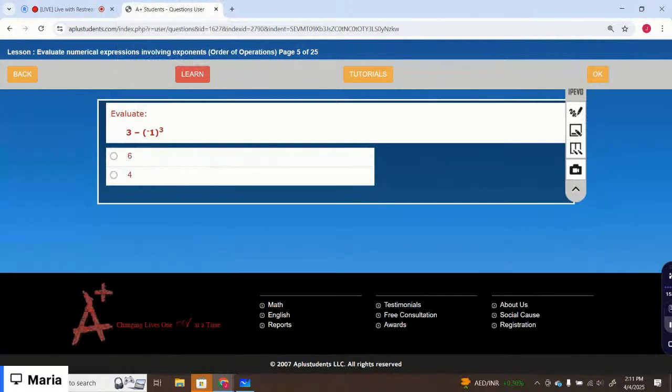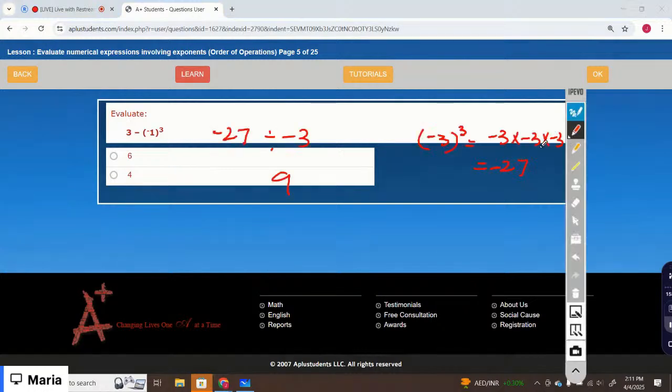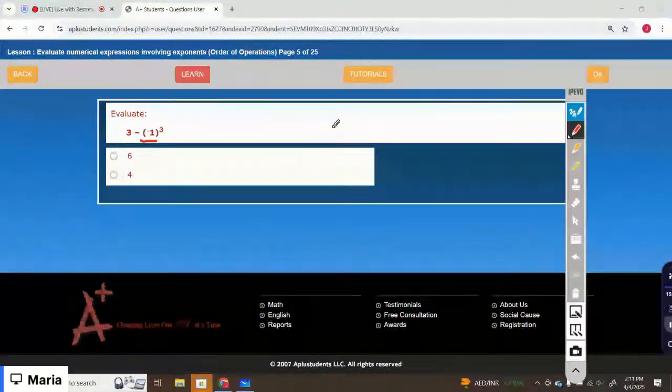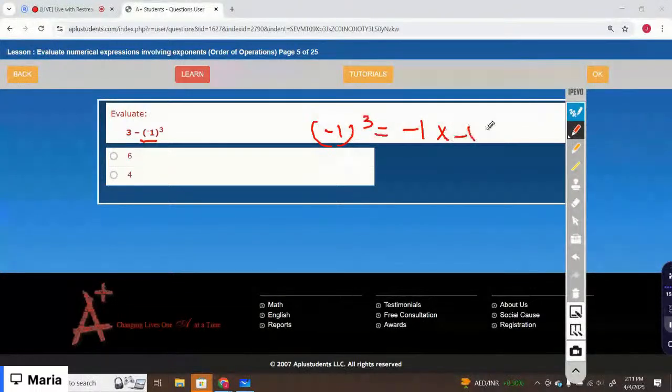3 minus negative 1 cube. The first thing you have to do is negative 1 cube. Negative 1 cube means you have to do negative 1 times negative 1 times negative 1. That equals negative 1. So 3 minus negative 1.